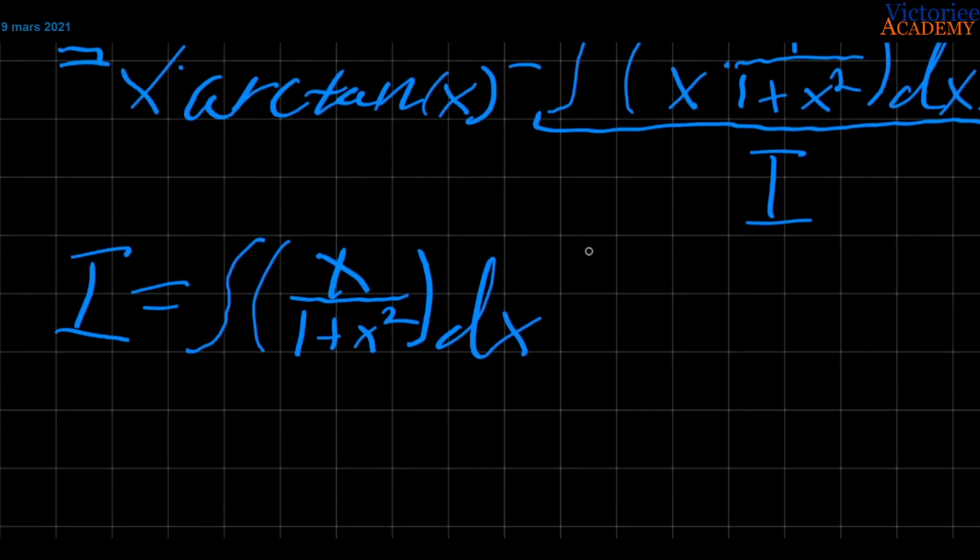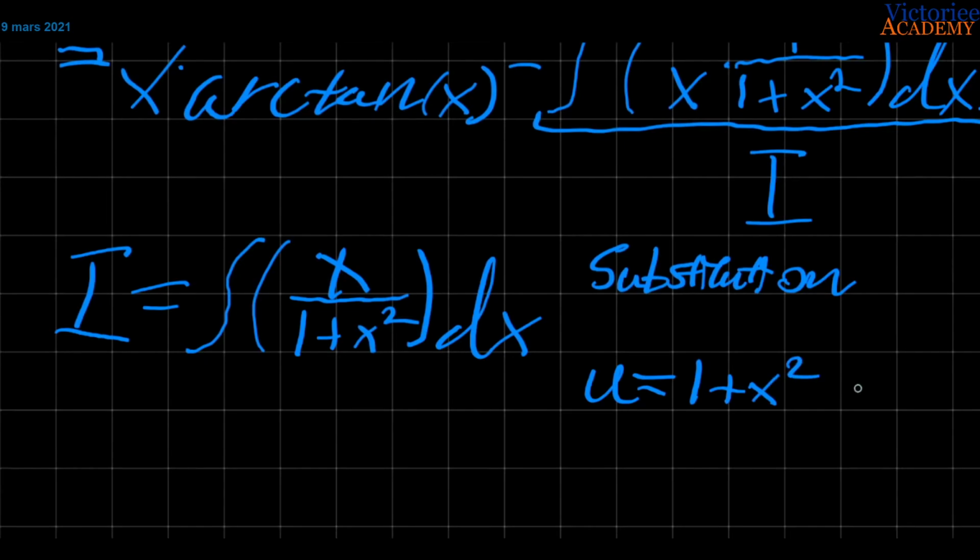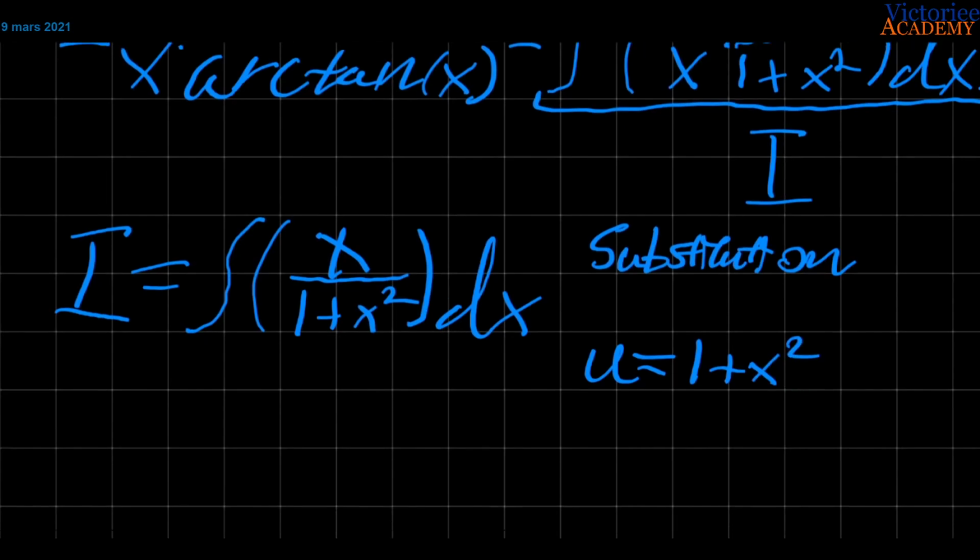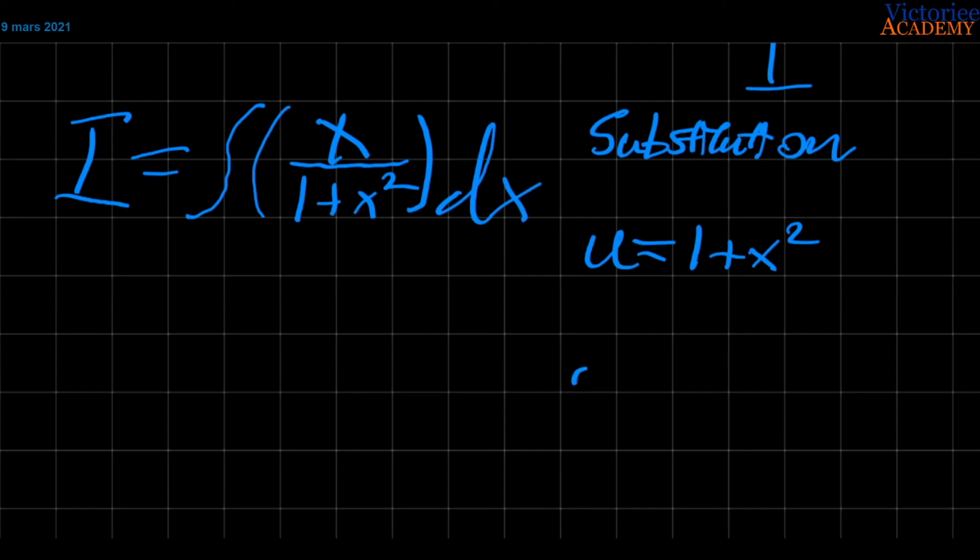So the substitution we're going to make here is u equals 1 plus x squared, giving us the derivative of u to be du equals 2x dx.